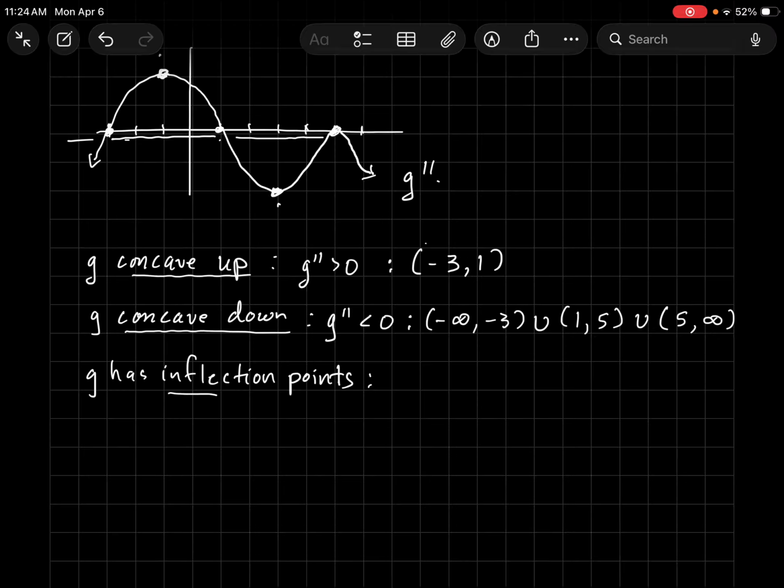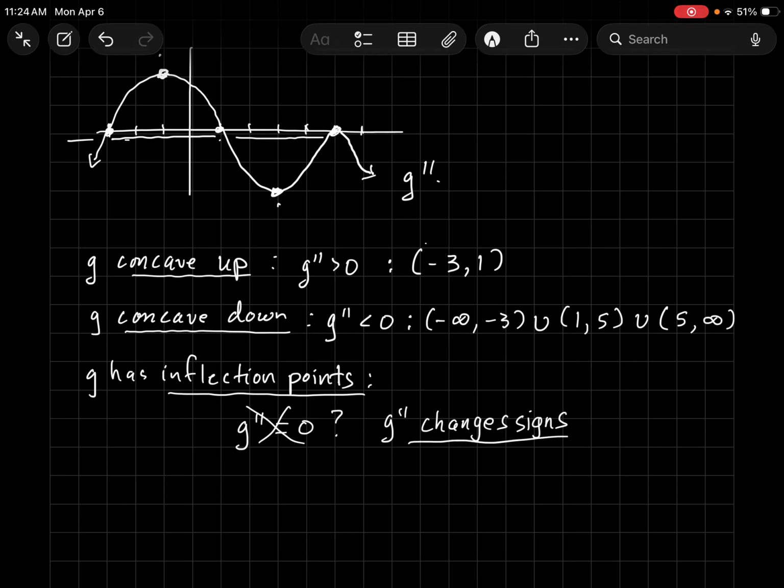Where does g have inflection points? Is that where g double prime equals 0? Usually, but that's not a justification. It's where g double prime changes signs. That is the justification we need to use. So where does g double prime change signs?